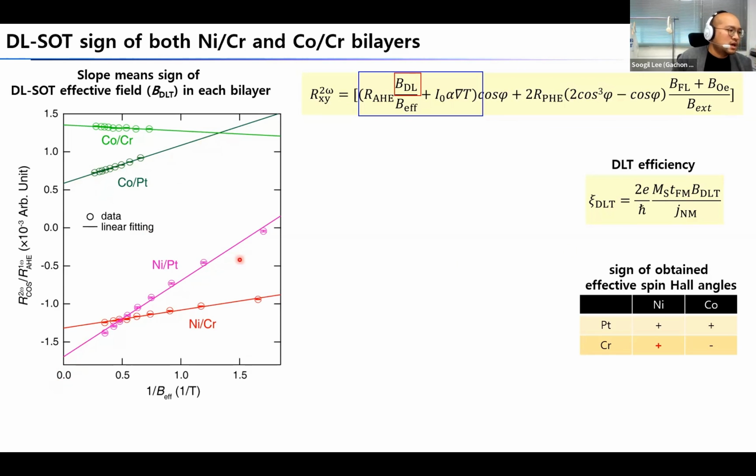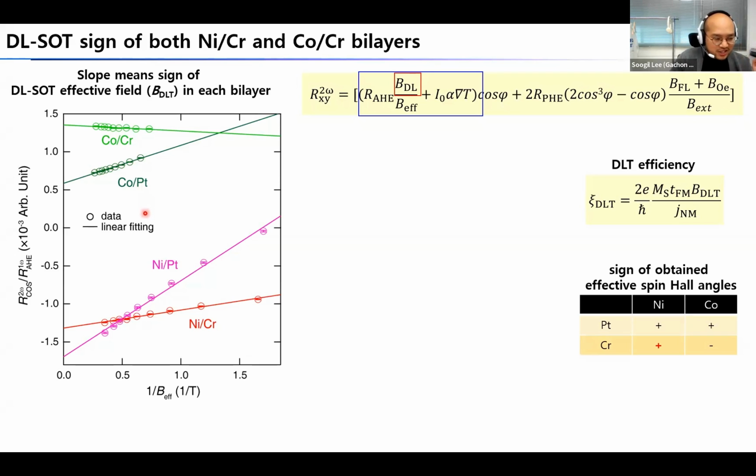This indicates the sign of the spin Hall angle in the cobalt platinum and nickel platinum bilayers is the same. In addition, the sign of the slopes between the cobalt chromium and cobalt platinum bilayers is opposite. This implies that the sign of the spin Hall angle between cobalt chromium and cobalt platinum is opposite. These results are consistent with the positive spin Hall angle of platinum and the negative spin Hall angle of chromium.